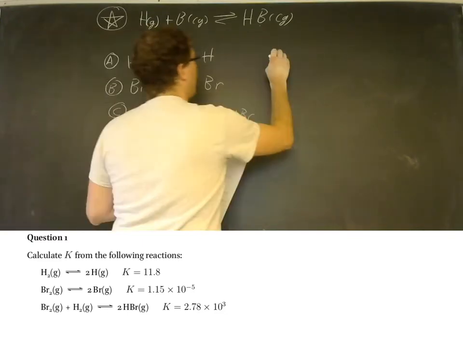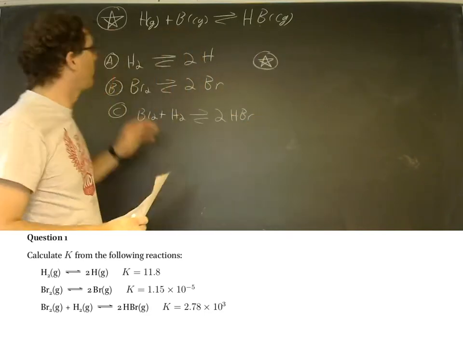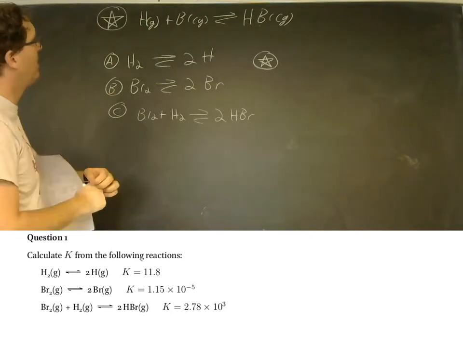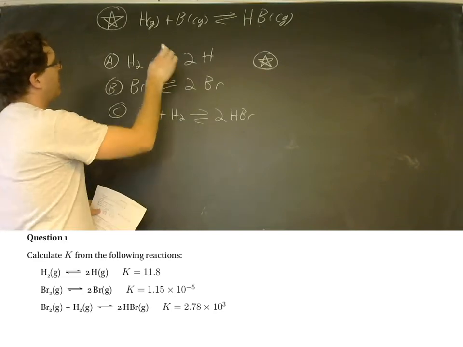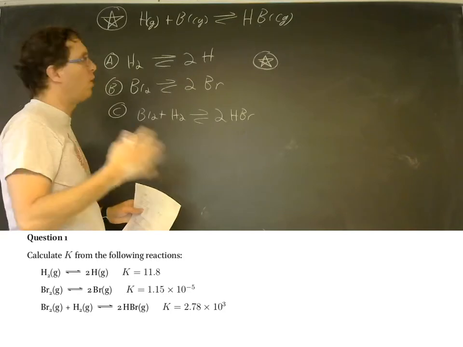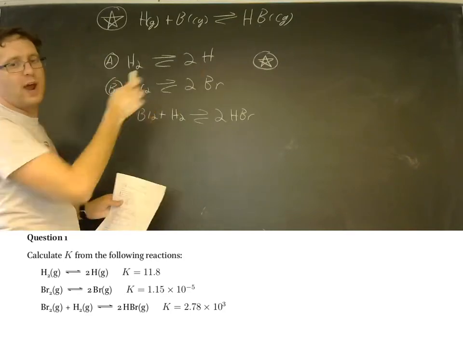Our task is, can we come up with some formula to recreate our equation of interest out of these? It's pretty straightforward because each of the components of the reaction of interest appears in only one way among these.